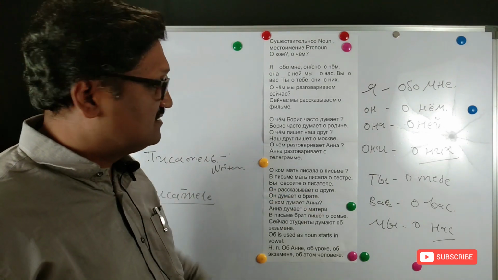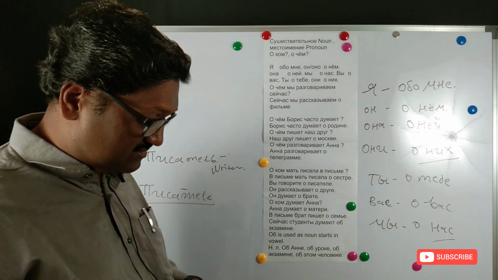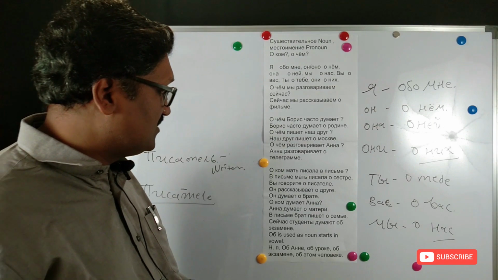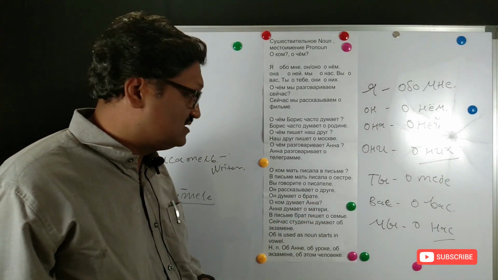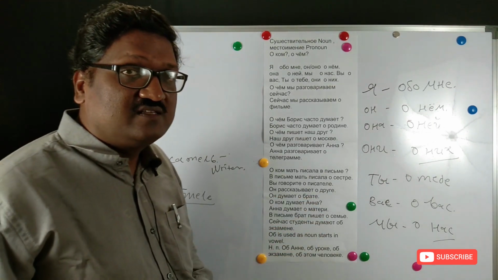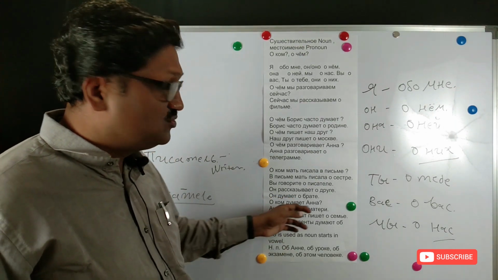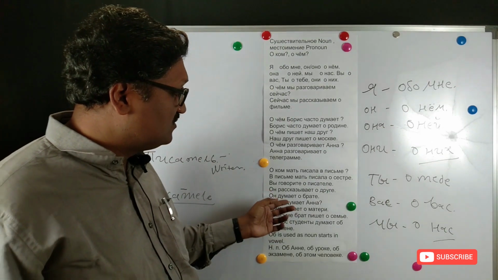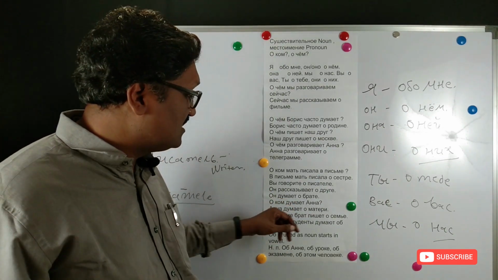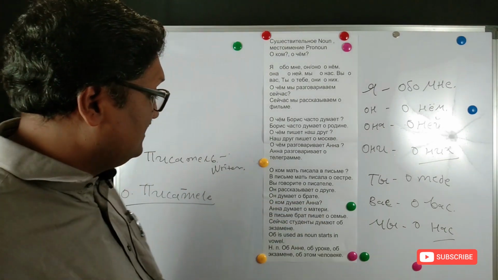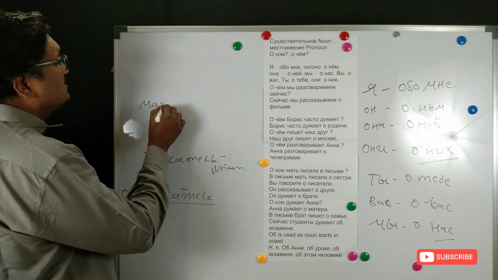On rasskazyvaet o druge. He is narrating about his friend. Drug is friend, o druge is about a friend. On dumayet o brate. He is thinking about his brother. O kom dumayet Anna? About whom is Anna thinking? Anna dumayet o materi. Mat and doch are the exceptions.